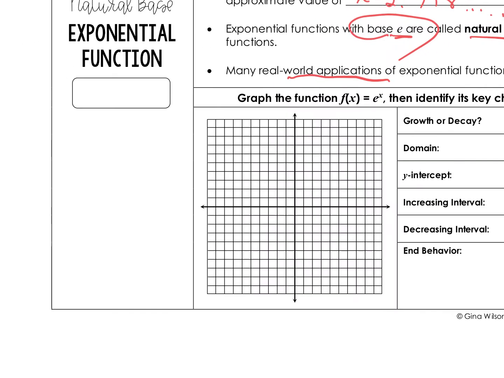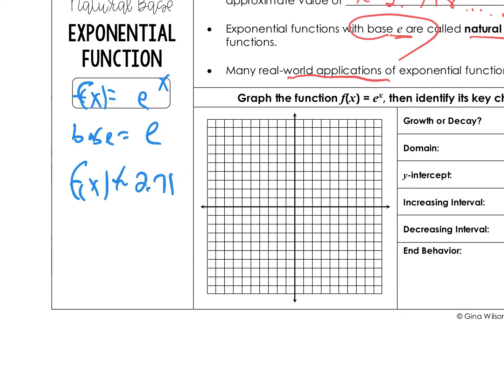Let me write f of x equals e to the x. The base is e, so f of x is approximately 2.718 to the x. And since 2.718 is greater than 1, it is a growth.